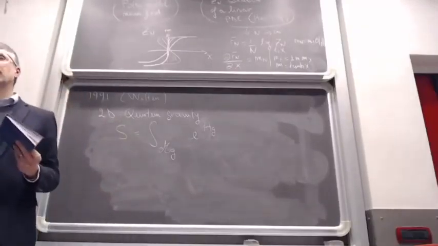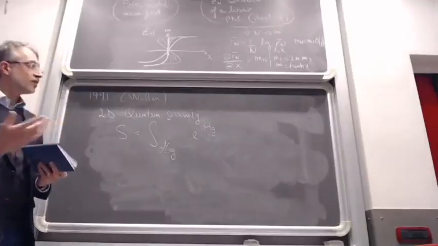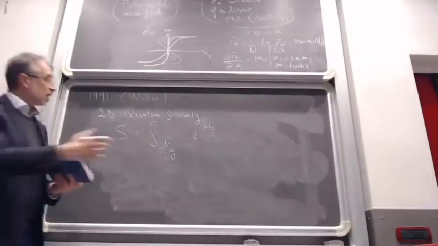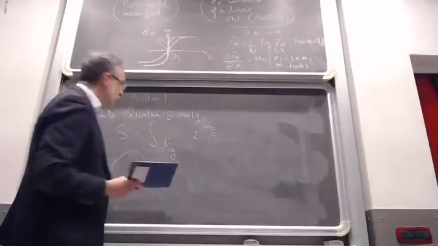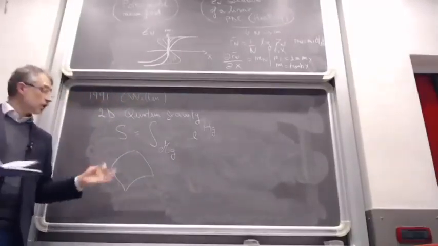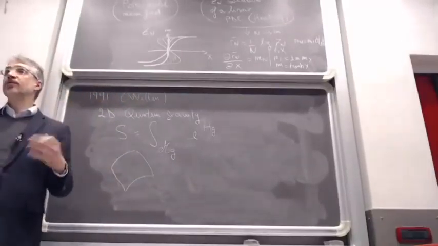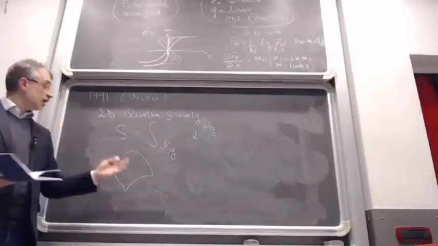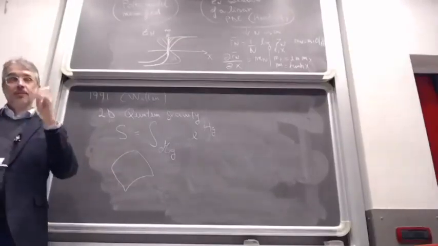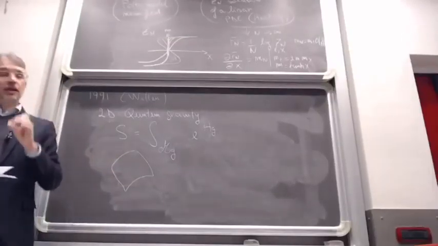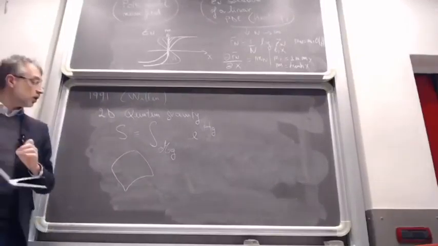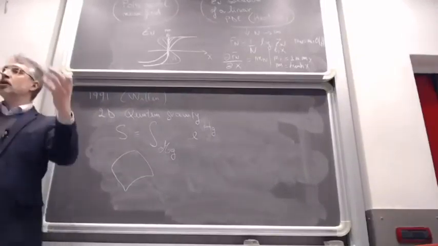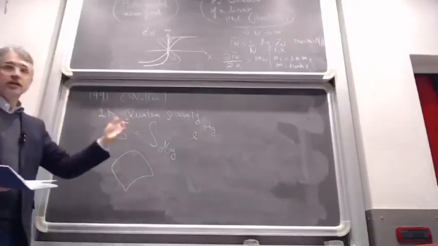So one formulation was to define the 2D quantum gravity as the limit where you have a manifold, you take all possible triangulations, and then you take the limit where the size of this triangulation goes to 0, and then you expect to find some partition function.